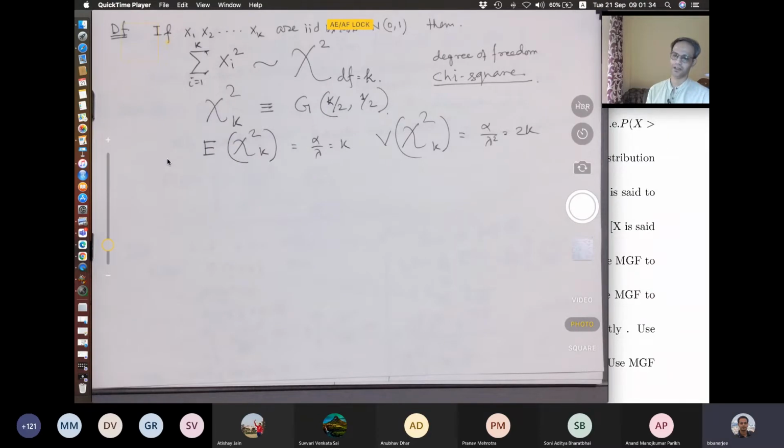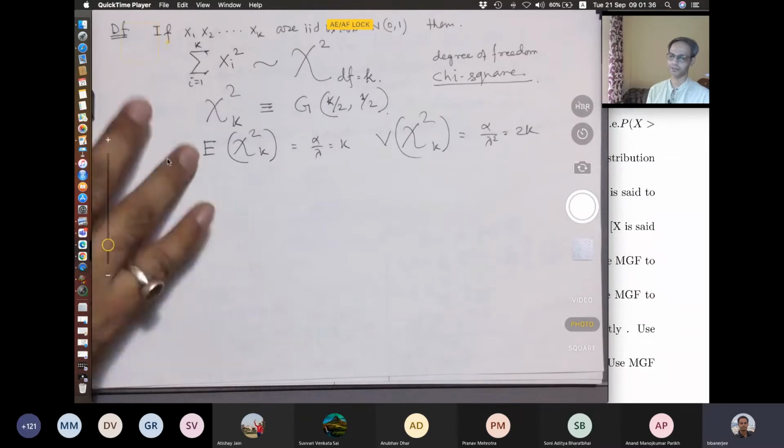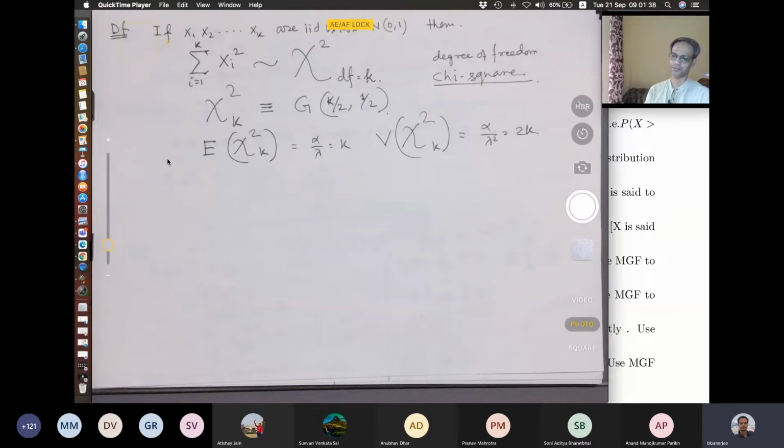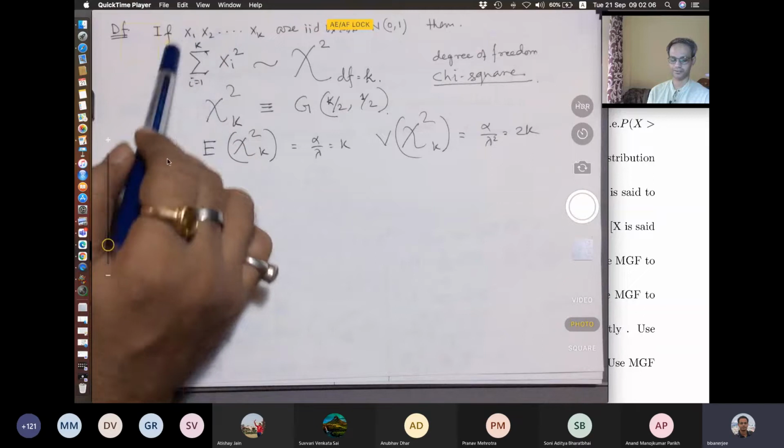You will come across this distribution many times in your life, if you are really working in statistics or data analysis. It has a very natural application. From this expression, can you say something? Any clue?